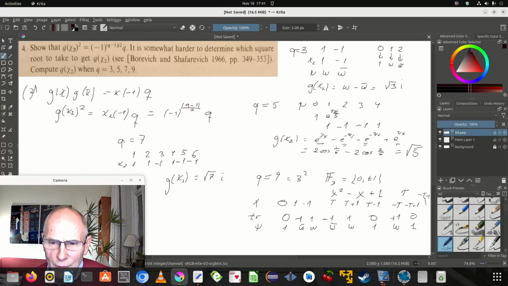Oh, I missed this guy. It should give -1, of course, but let's just check that it does. We have -t, give +1, and -1 gives 1, that's 2, that's -1, so it's omega bar.